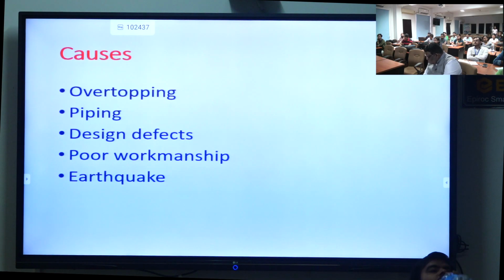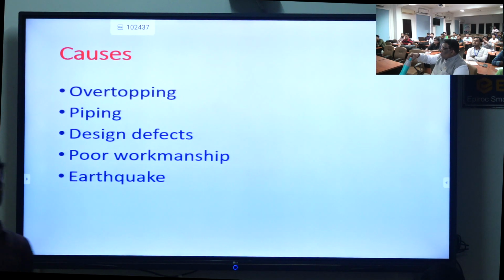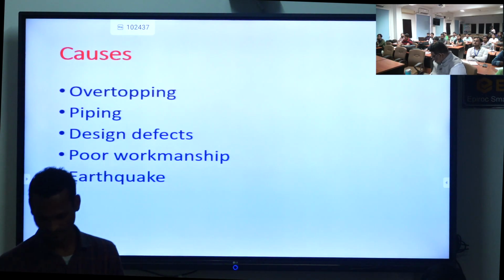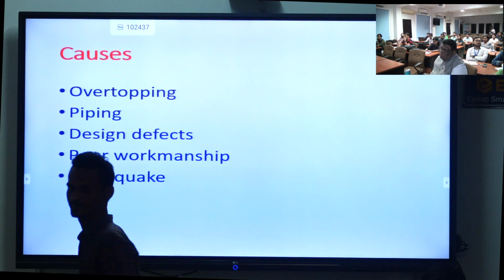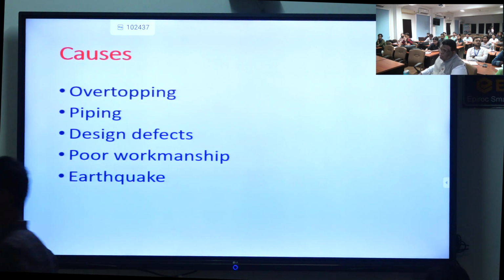However, no dam is designed for overtopping. We always assume that the stored water level is way below the top of the dam. We keep something called the freeboard, something like 1 meter of free space in the reservoir.